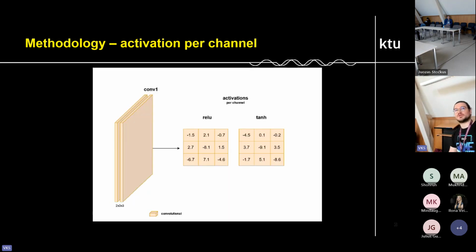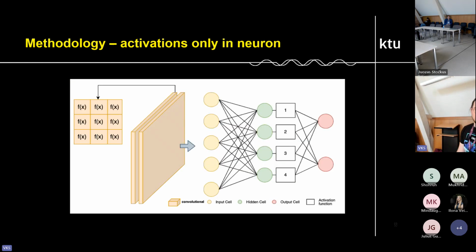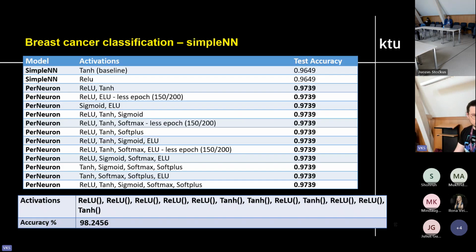Going forward, we devised a variation for convolutional neural networks, which is per convolution channel, and then through a matrix column. And another idea was to combine both, to have both in convolution and in linear layers a different activation function.